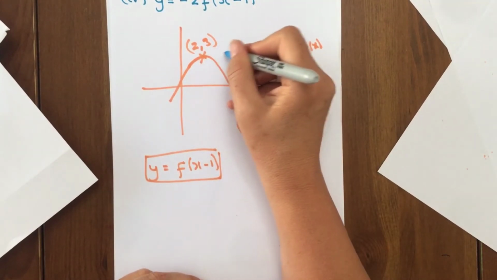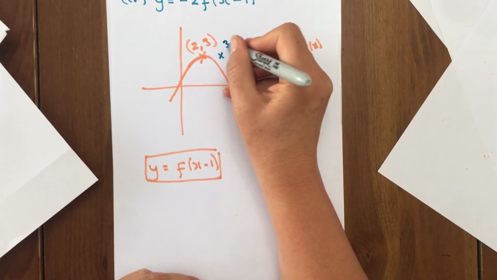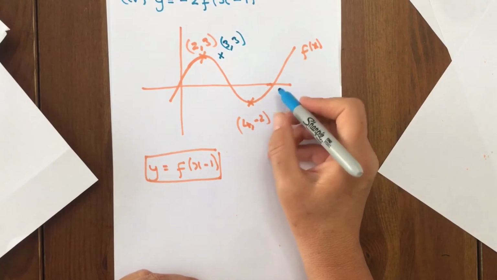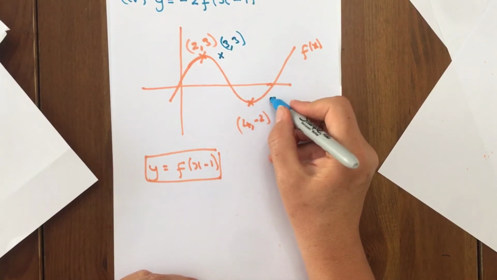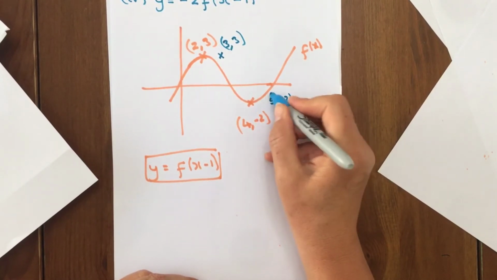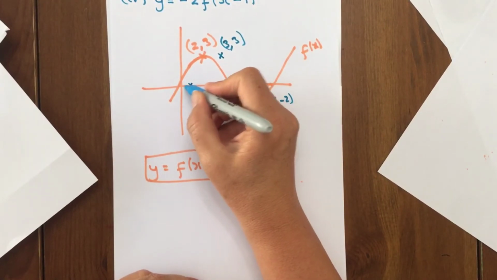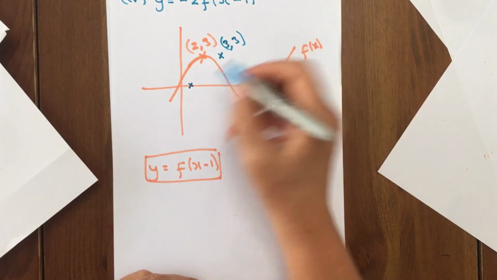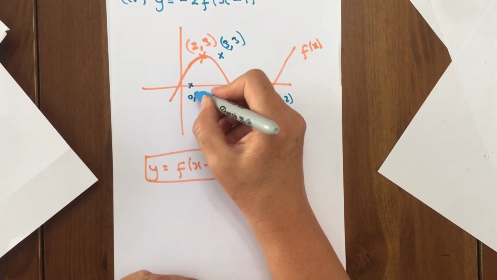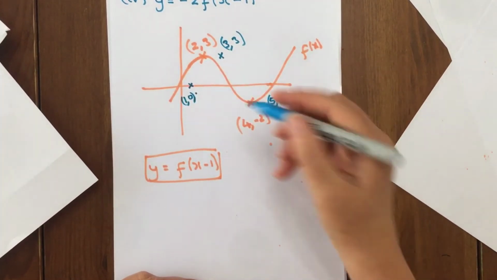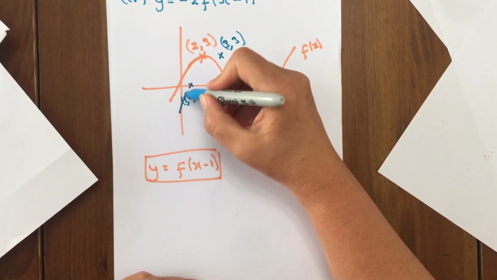So (2, 3) will go to (3, 3), add 1 to my x value. (4, -2) will go to (5, -2). (0, 0) will now go to (1, 0). So all my x values are added on 1.